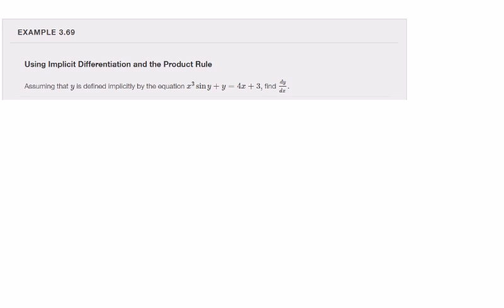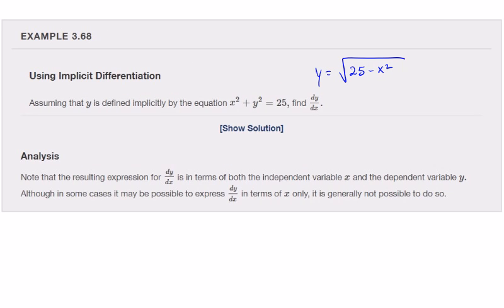All right, let me go back to this one. Let's see how it works. With implicit differentiation, we are going to take the derivative of the entire equation with respect to a certain variable, and usually it's going to be x. Like here they say dy dx, so that's in terms of x, right? So I'm going to do d dx, taking the derivative of that whole equation.